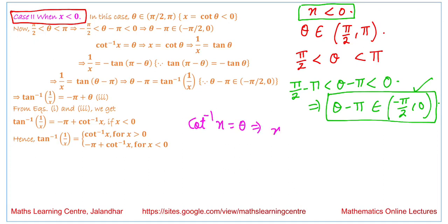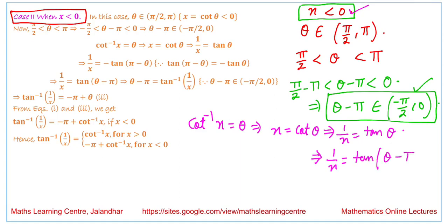Now look at this: we are saying cot inverse of x is equal to theta. This implies that x is equal to cot of theta, and this implies that 1 by x is equal to tan of theta. We are saying the value of x is negative, so this will give us 1 by x is equal to tan of theta minus pi.